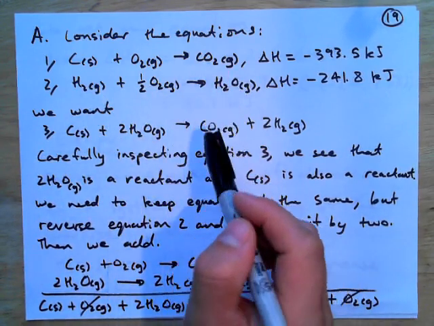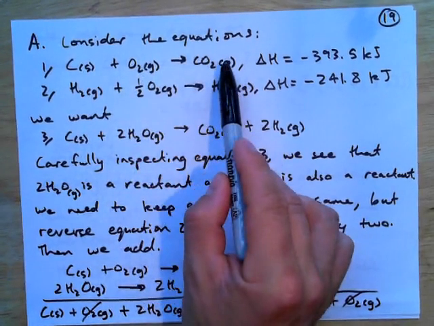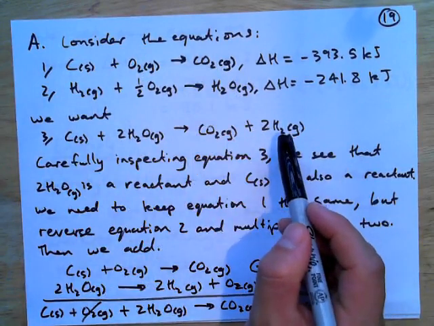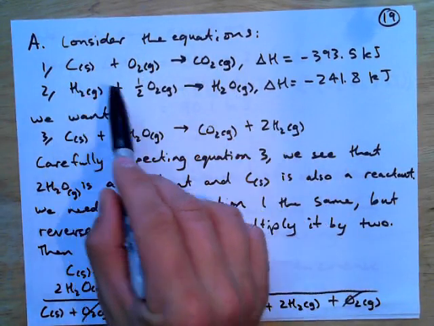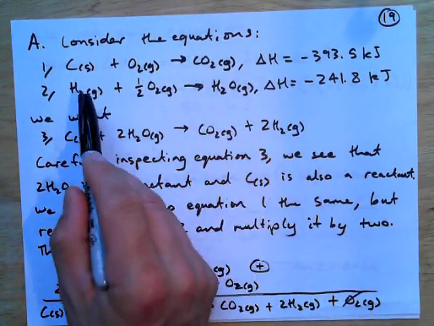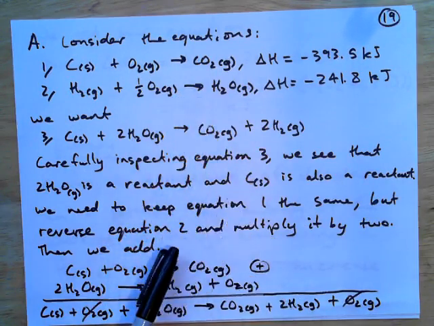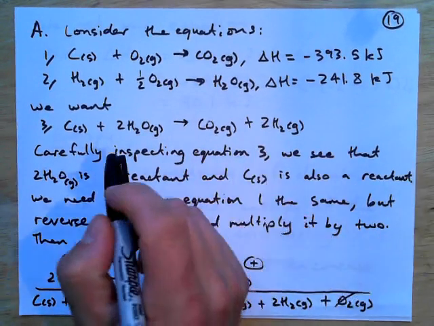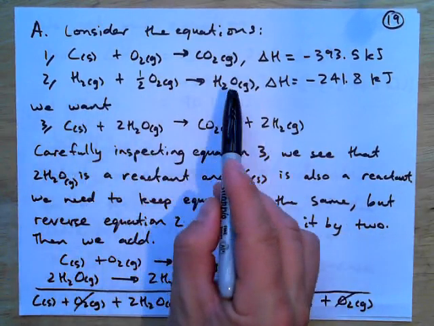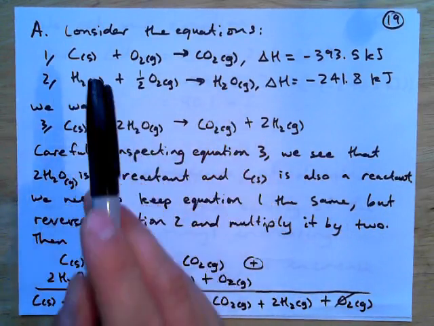Carbon dioxide is a product, and here it's a product, so again that reaffirms that equation 1 will be left the way it is. Equation 2 has the H2 as well, and here it's a product, here it's a reactant, so I do indeed probably have to flip these around in order to add them. The other thing I have to do is, stoichiometrically there were 2 waters and 2 hydrogens, and in this equation 2 there's 1 water and 1 hydrogen gas.